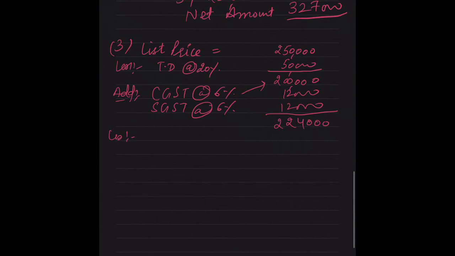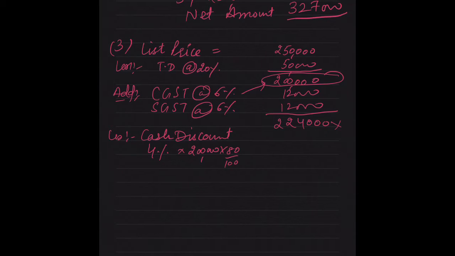After that, we deduct the cash discount, but on 80%. The cash discount rate is 4%, and we deduct the cash discount from 2 lakh, not from this amount, and on 80%, because 80% is received and the rest is on credit.